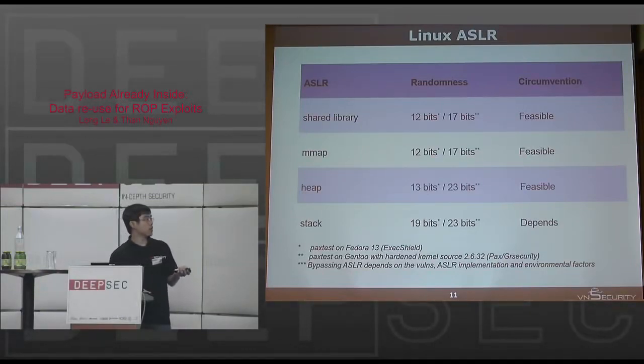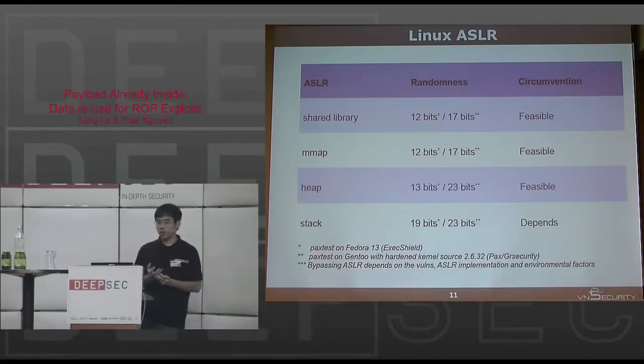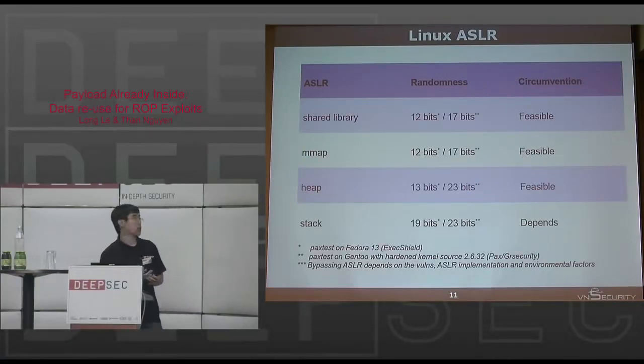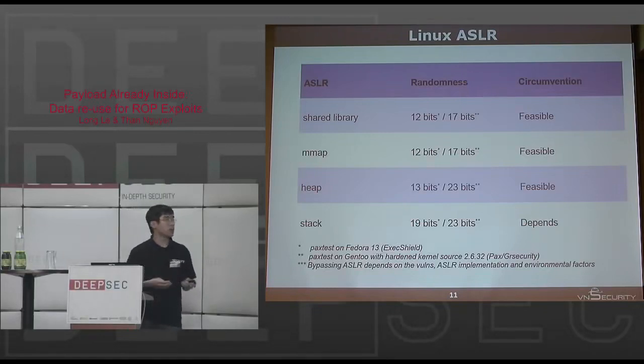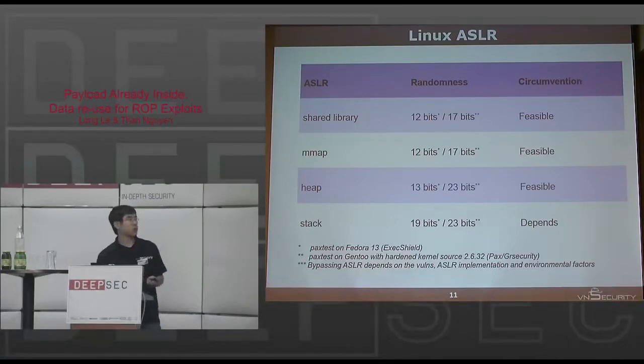For this kind of thing, about 13 to 16 bits is actually pretty easy to brute force. There is even an implementation flaw in previous kernels where, if you try about 40 or 50 times, some addresses will actually be repeated.